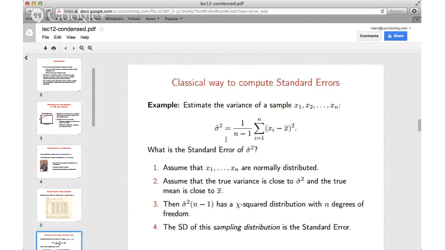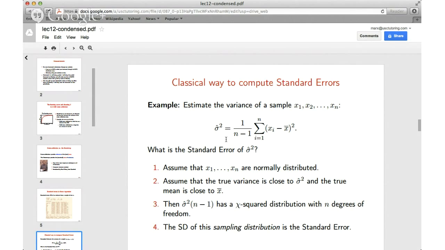The classical way to compute the standard errors is that you would estimate the variance, and then the standard error of the sample variance, right? To estimate the standard error, you would assume that the points are normally distributed.